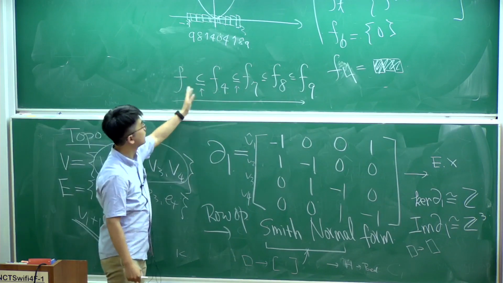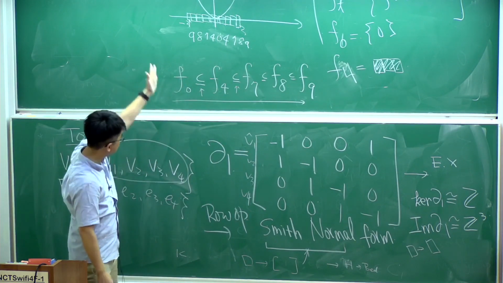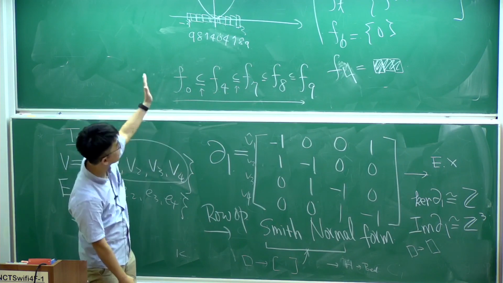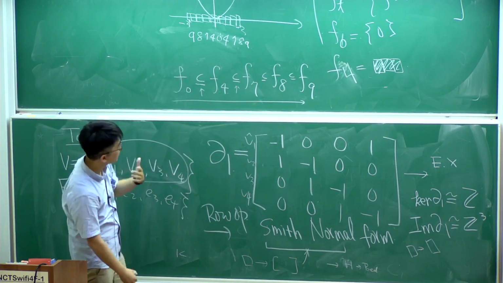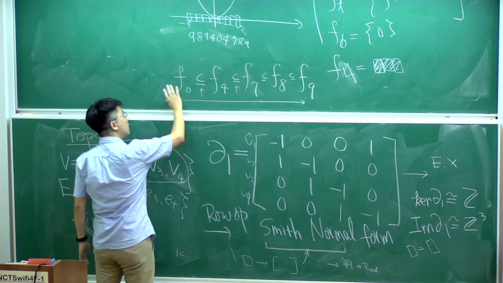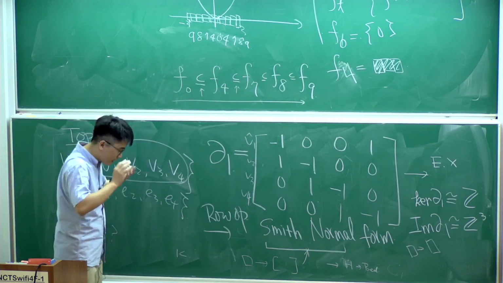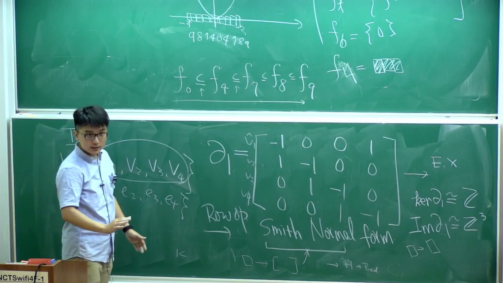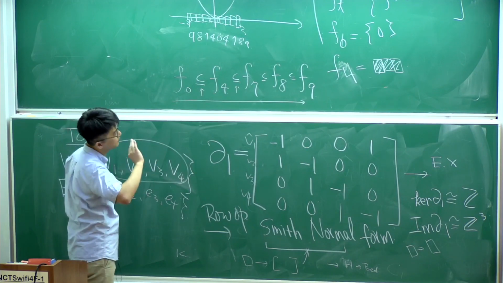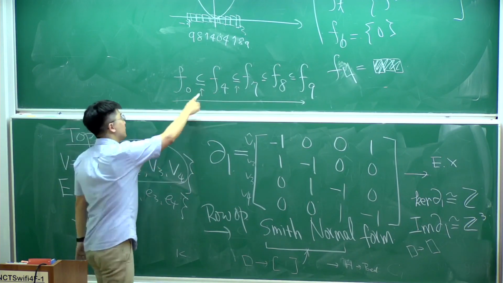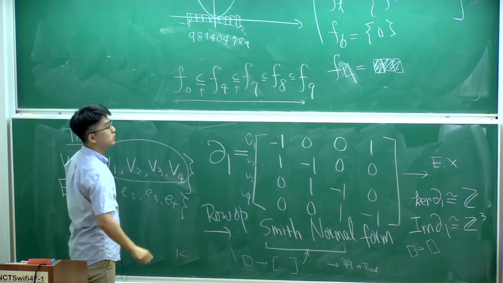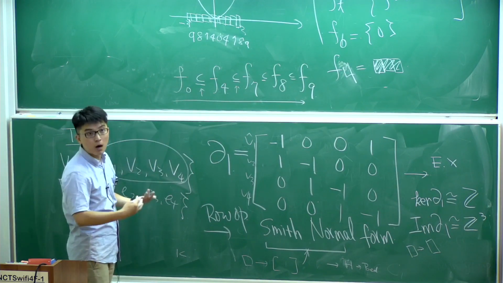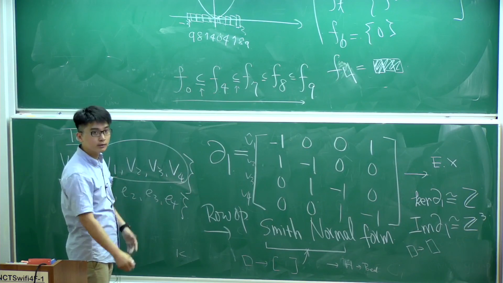Because of the inclusion, you have the relation from the first column to the second column. So you can compute all of the homology, not only that, you can compute the Betti number. Because of the inclusion, you can also track how the features change, how the topology changes over time.